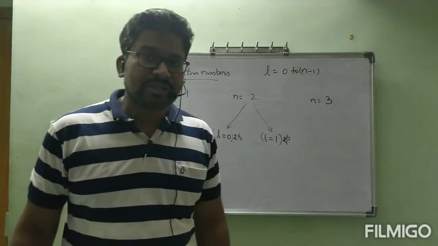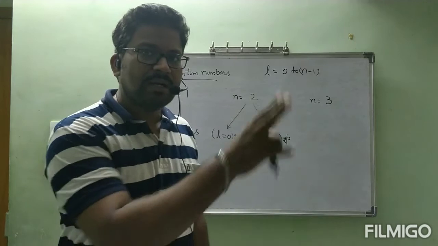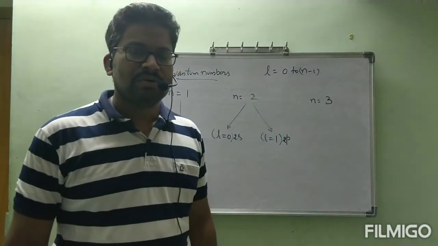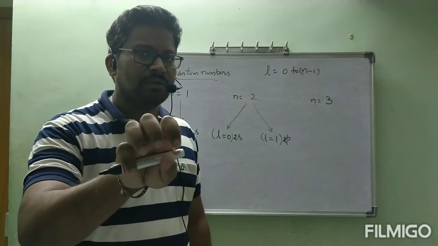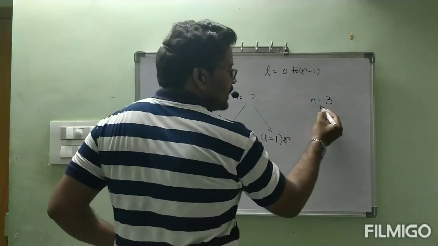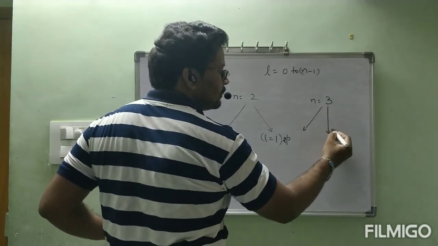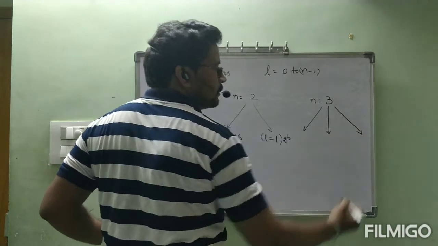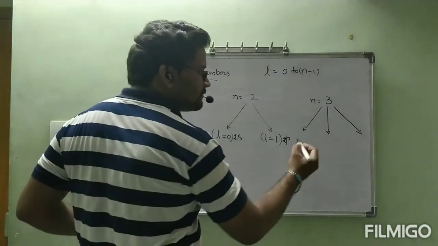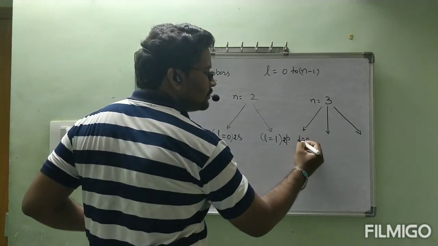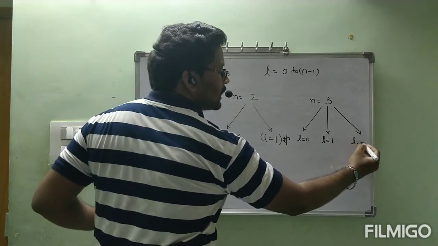What are the values possible? 0, 1, 2. 3 values are possible. N is equal to 3 has 3 subshells. What are the L values for those 3? L is equal to 0, L is equal to 1, L is equal to 2.